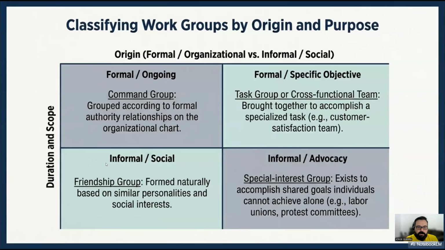On the left downside here, we have the informal or social group, and this is where the group formed naturally because there are similar interests and similar personalities or social interests.